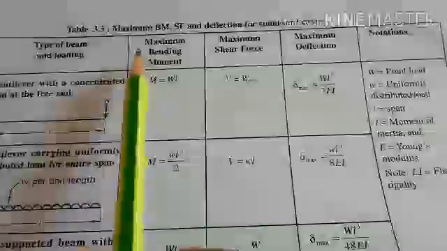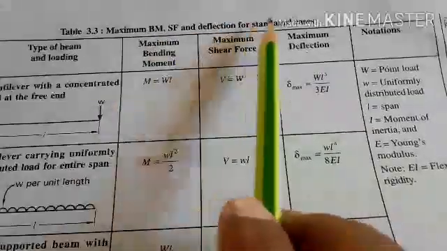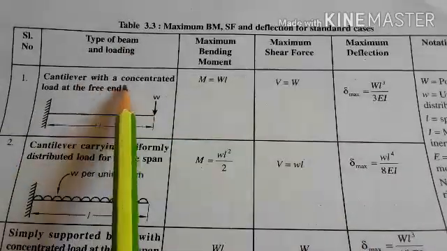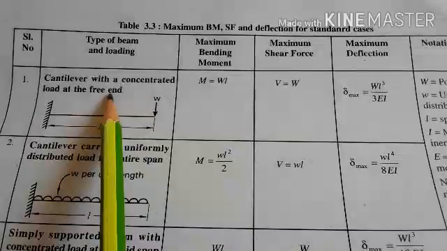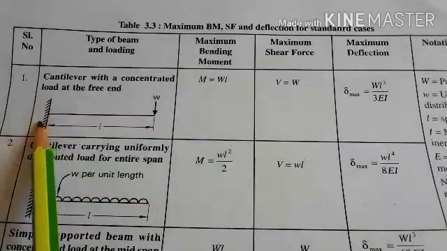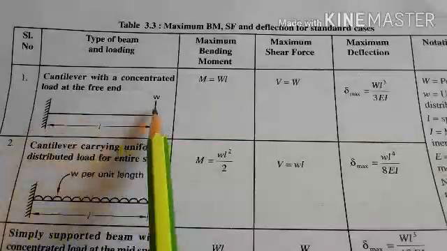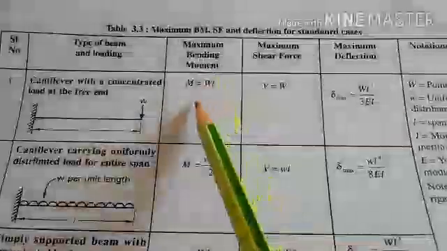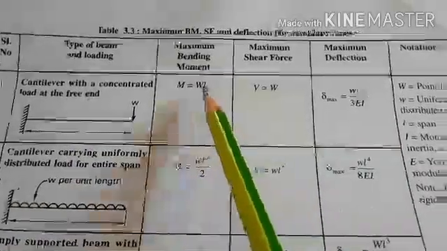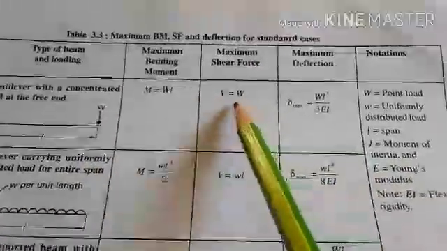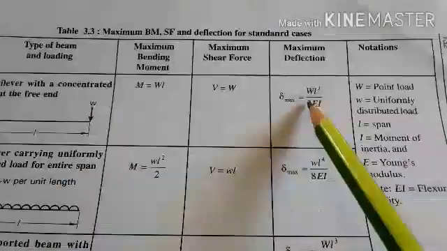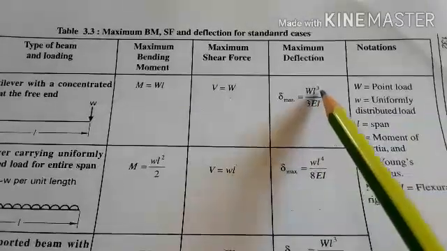This one shows maximum shear force, bending moment and deflection for standard cases. See here the given type of beam and loading. If a cantilever beam with a concentrated load at the free end is used, and the load acts over the cantilever beam at one end as a concentrated load, the maximum bending moment is M equal to WL, the maximum shear force V is taken as W, and the maximum deflection for a concentrated load, delta max, will be WL cube by 3EI.